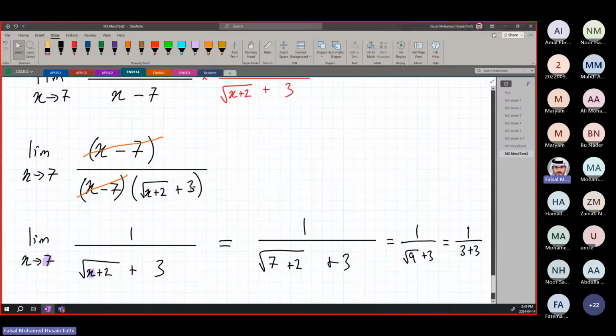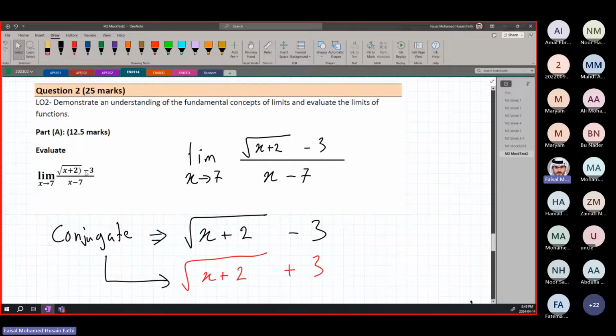So when you assume this and you plug it into the original equation here, the square root of x plus 2, where x is 6.9999, plus 2, minus 3, divided by, sorry, there's no square root, it's just 6.999 minus 7.